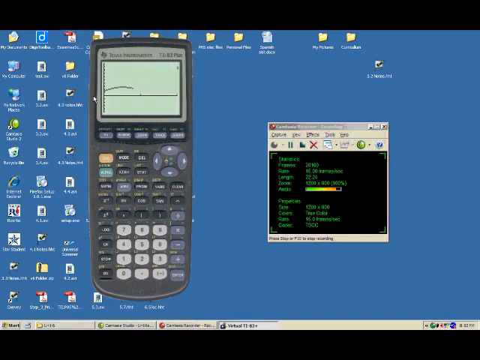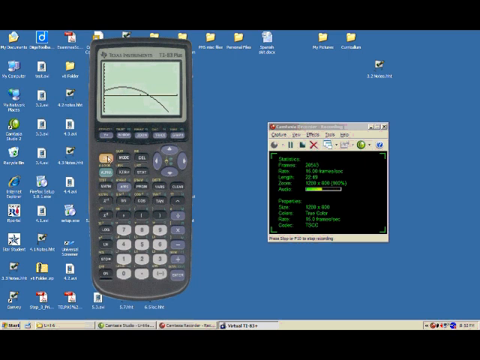So here you can see our arrow. It does have a little bit of an arch to it. Now, I'm not graphing the actual path of the arrow. This is not my parametric. This is just the vertical component. So this is not representative of the horizontal component at all. It's the vertical component in time. I just wanted to point that out, although it didn't really matter in this problem whether you understood that or not.